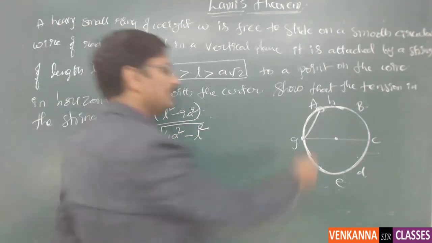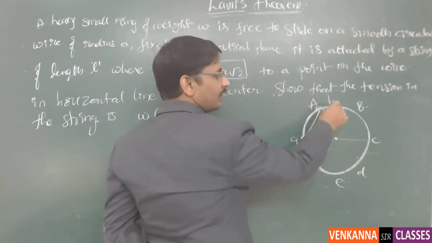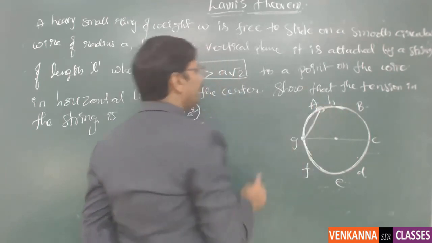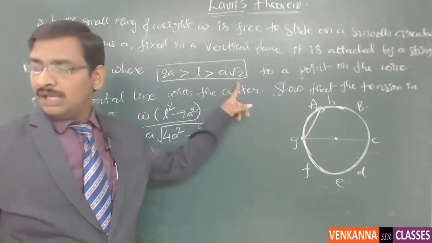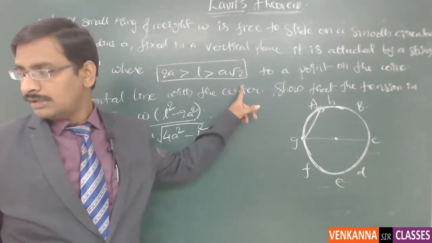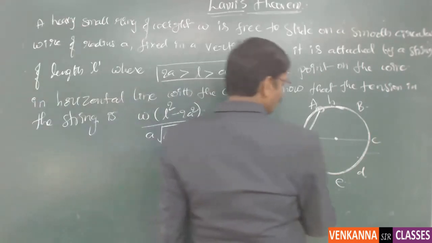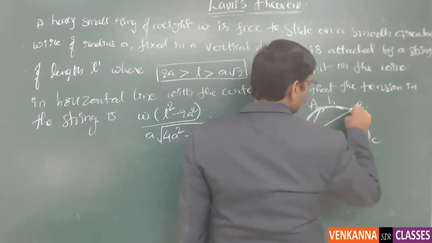Because that is the only possible location. If it is here, because it is free to slide, it will come back like this. But if I keep it here, it may go this side or it may go this side, because the L value is less than 2a and greater than a root 2. That's the reason the only possible position is here. So the ring is here.